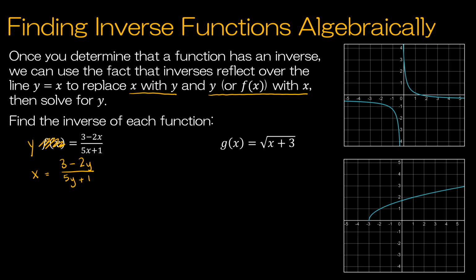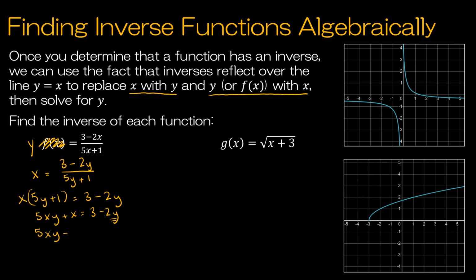I'm going to start by multiplying each side by 5y plus 1. That gives me x times (5y plus 1) is equal to 3 minus 2y. I'm going to distribute the x, so that gives me 5xy plus x is equal to 3 minus 2y. I'm going to collect all of the terms that have a y on the left side, so I have 5xy, and I've got minus 2y on the right.